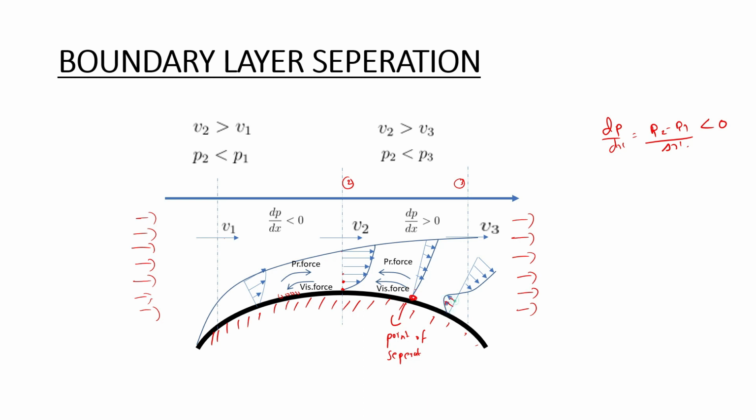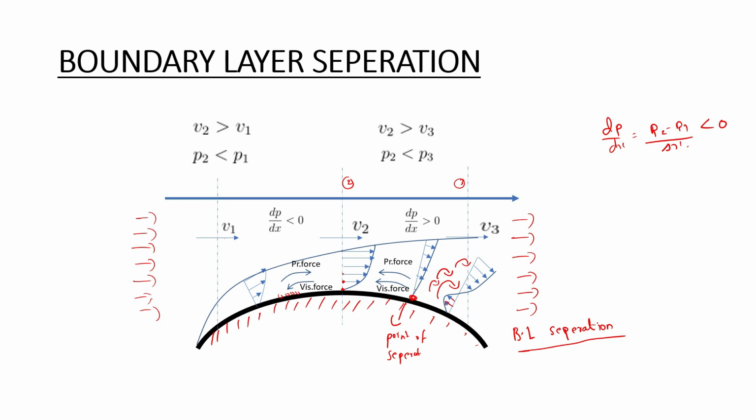Here in this portion flow gets reversed because at the bottom the effect of viscosity will be high, and this causes a lot of eddy formation. You can see that this causes a rotational flow, and this is called boundary layer separation.